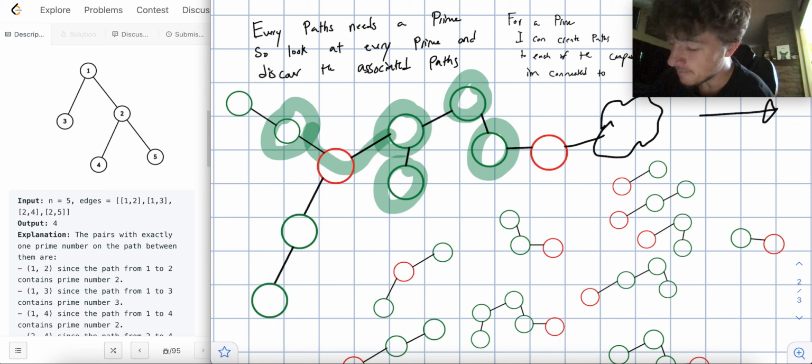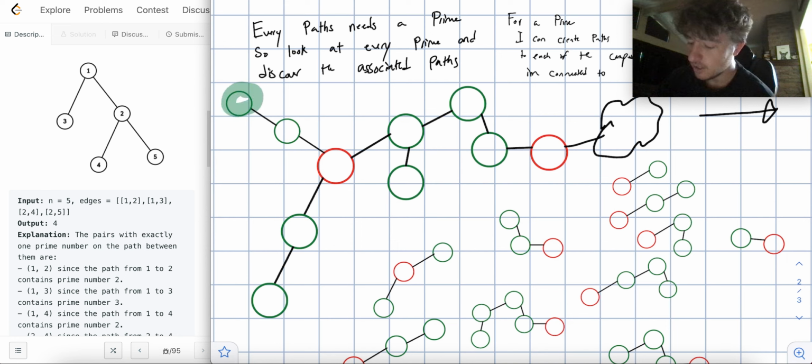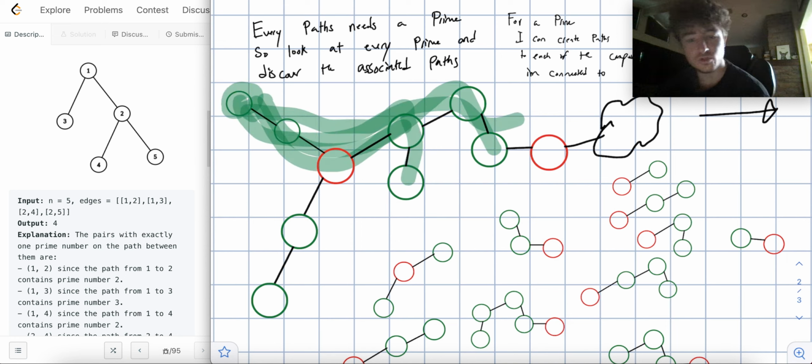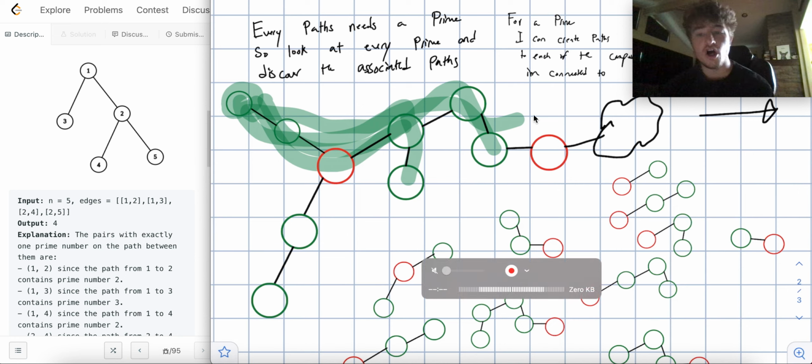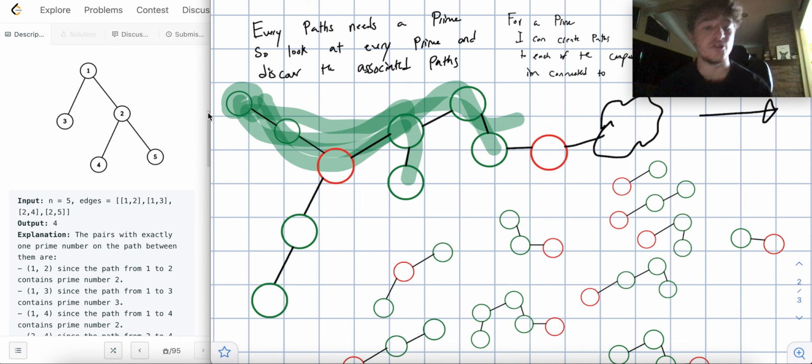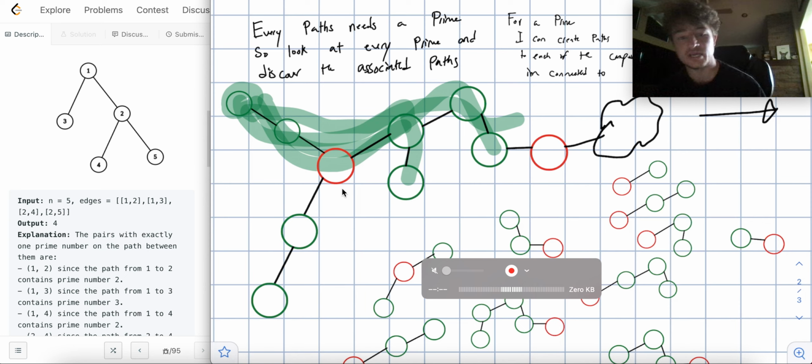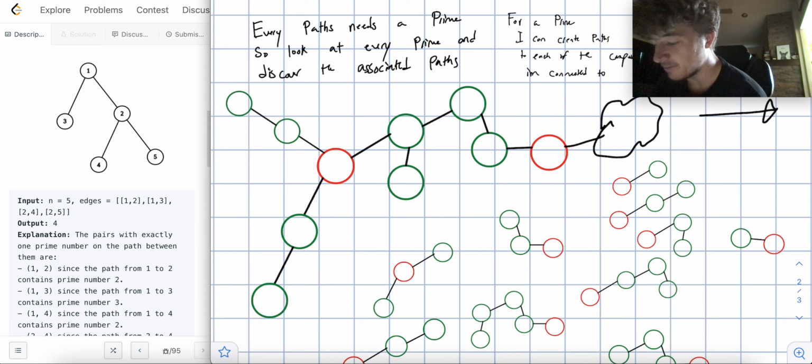And then I can do the same thing for this one. So that means for each of these, I can use all of these. For the one, I can use 4. For another one, I can use 4. So that's 4 plus 4, or 2 times 4.